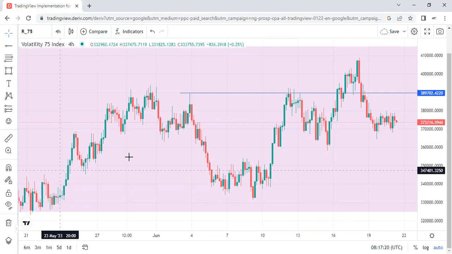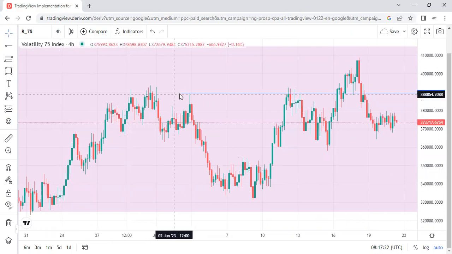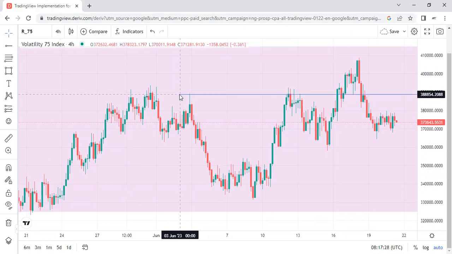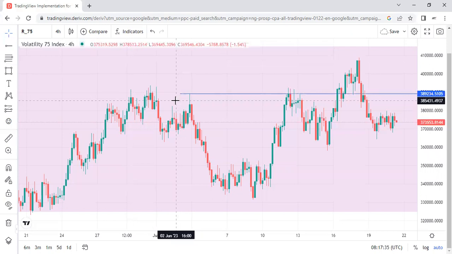Those are liquidity in the form of your buy stops, your sell stops, your take profits, your TP. Those are examples of your internal liquidity. So you would expect the market to come and respect those internal liquidity.